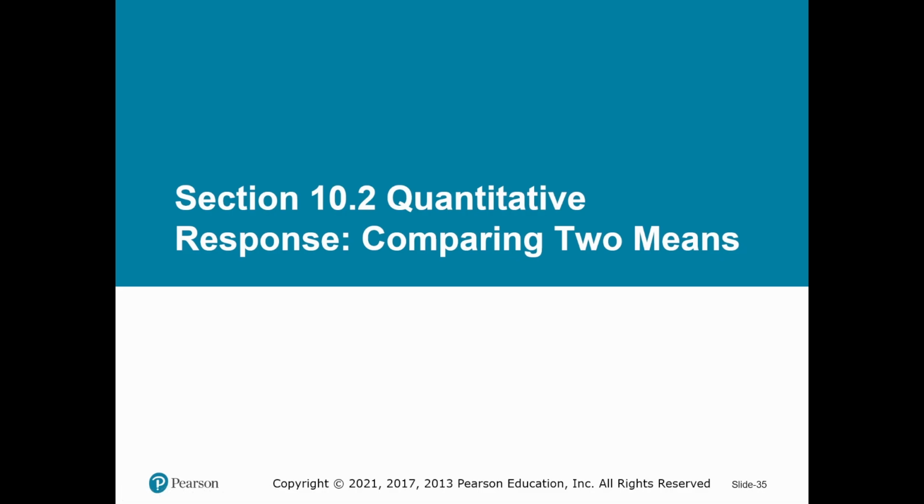Section 2.1, quantitative response, comparing two means. This is very, very important if you're in a Stats 2 class and you're planning to study analysis of variance, or if you're thinking of going into psychology, because psychology programs love analysis of variance.